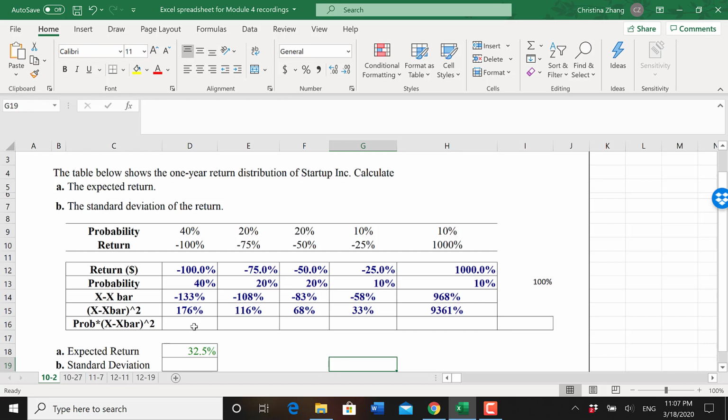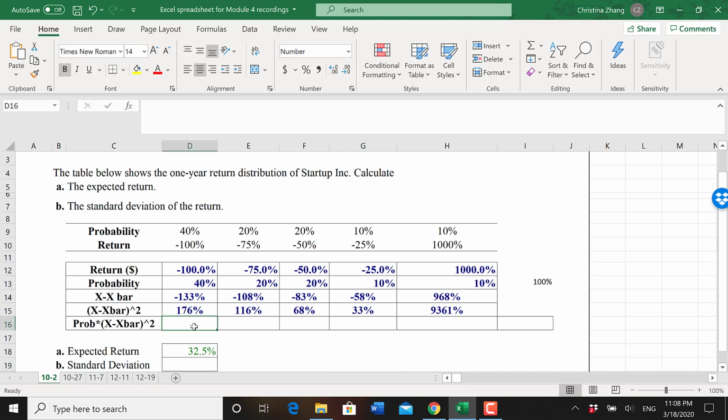One thing you notice is that after you square it, it becomes all positive. That's really important. Keep in mind your standard deviation and variance should always be positive. You should never get a negative standard deviation. If you ever do, something is wrong.